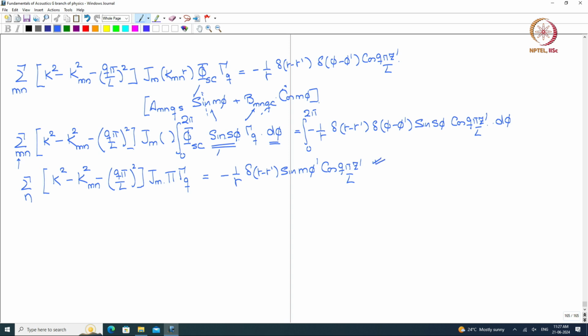If we multiply here by cos m phi or cos s phi, then we'll select the m for cos and cos here, and this integral with the sine will go to 0. So what we'll get here is summation again n.